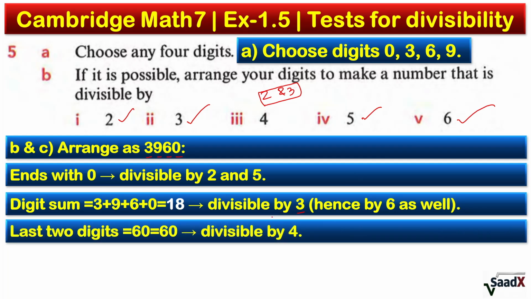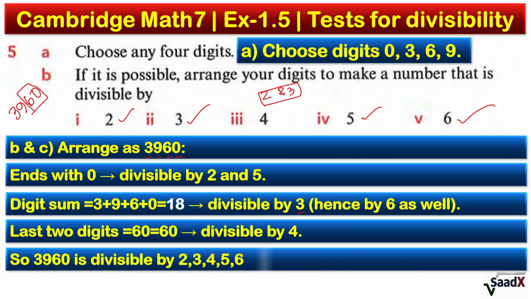Okay, last 2 digits, look, here is 3960. The last 2 digits are 60. 60 is divisible by 4, so the whole number is also divisible by 4. Very simple. So 3960 is divisible by 2, 3, 4, 5, 6.